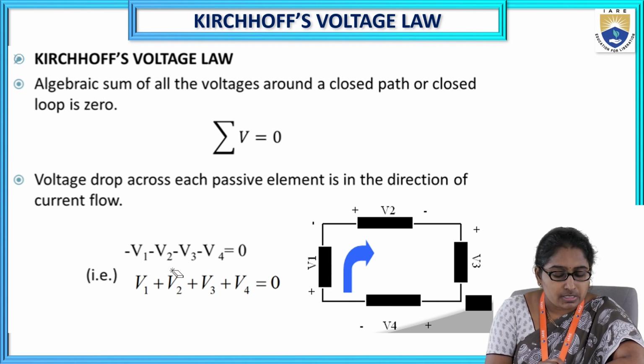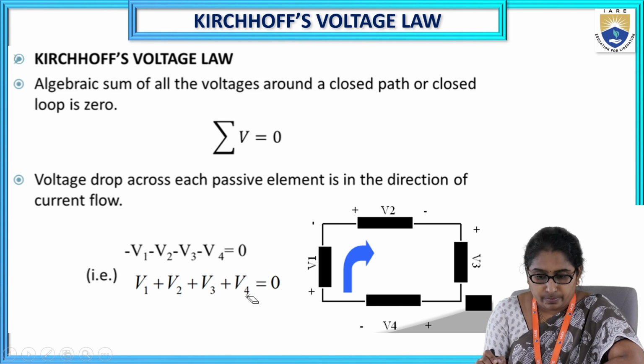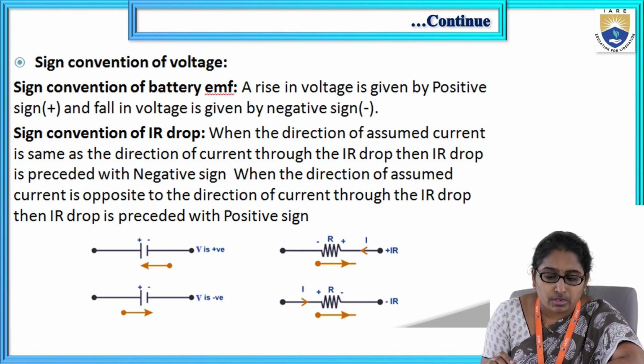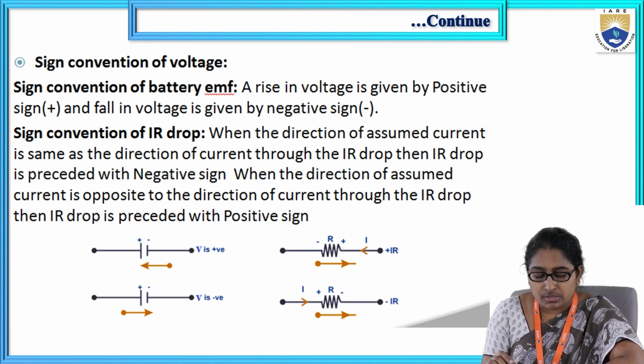Or, multiplying the whole equation by minus, plus V1 plus V2 plus V3 plus V4 equal to 0. So that's all about Kirchhoff's laws.